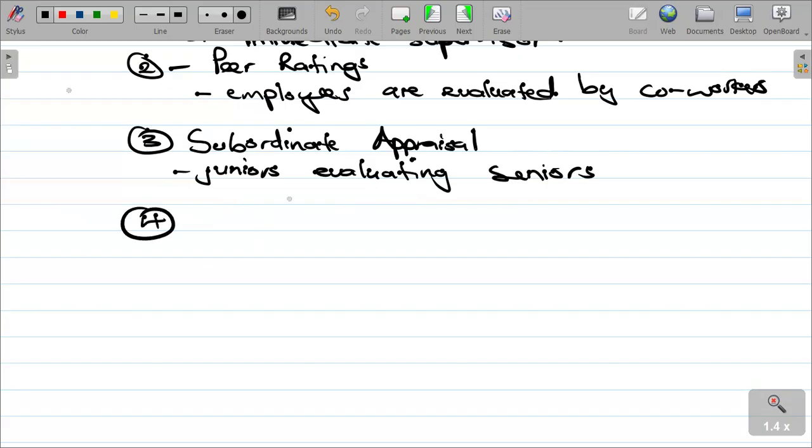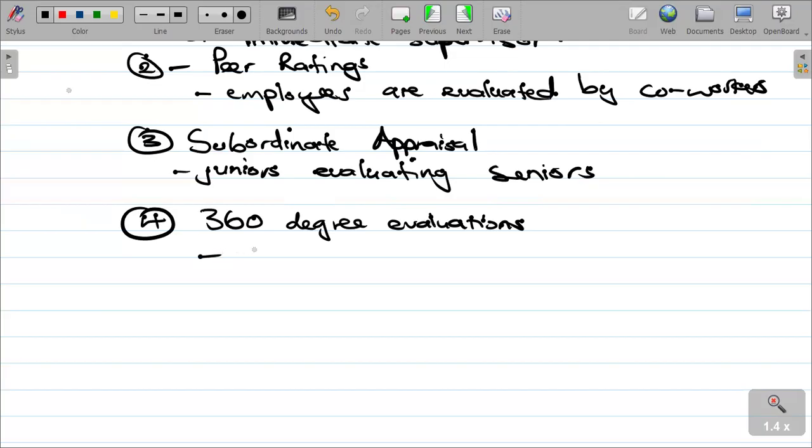And then number 5, we have what we call 360-degree rating, 360-degree evaluation, whereby an employee is rated by everyone within the organization.